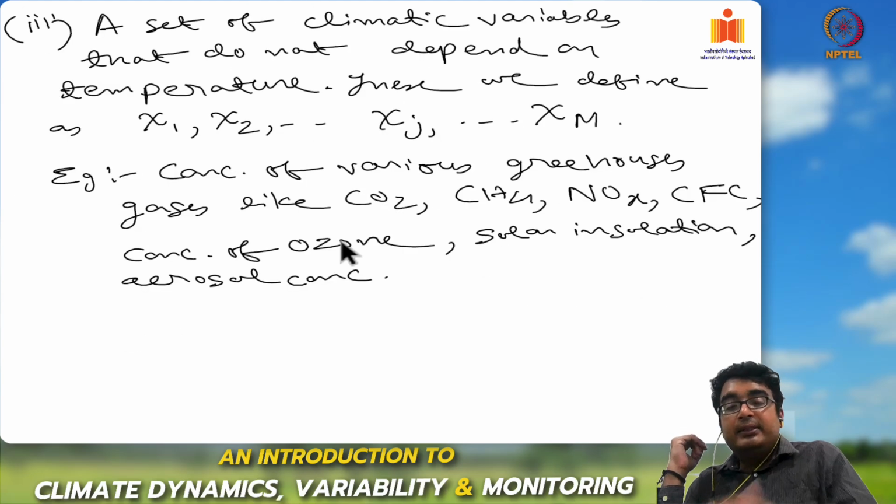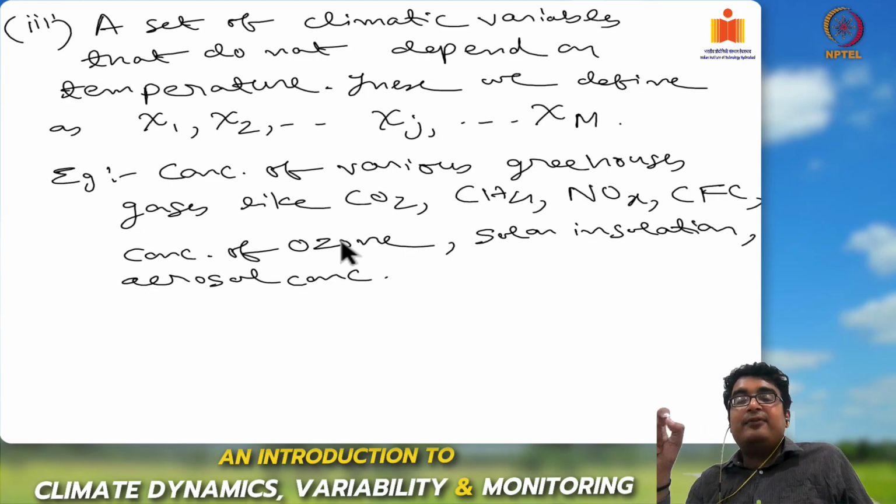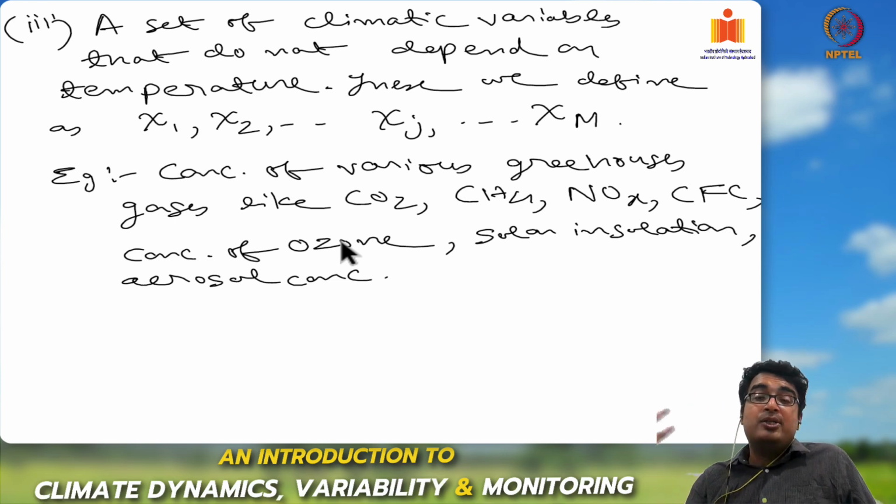Okay, the third set is a set of climatic variables that do not depend on temperature. These are usually the concentration of the various gases and aerosols: the concentrations of gases like CO2, methane, NOx, CFCs, concentration of ozone, aerosol concentration, as well as solar insolation.